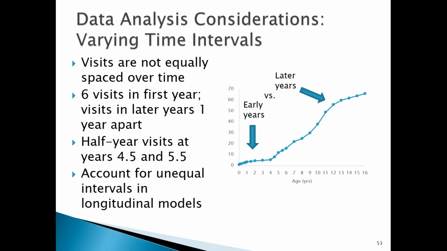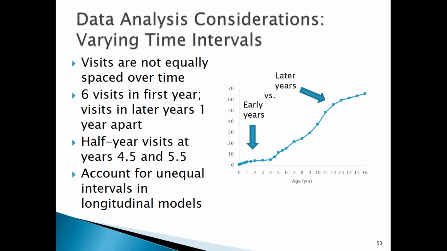Another item to keep in mind when you're doing longitudinal analyses is that the time intervals vary for these visits. They're not neatly spaced at 1 year, although they are at the later time points. If you're looking across the whole course from birth to 16 years, there are going to be a lot more visits clustered in those earlier years than later years.